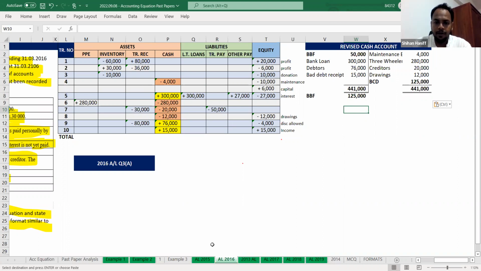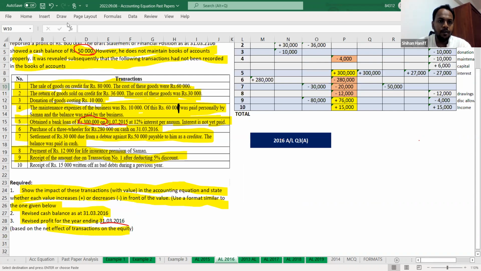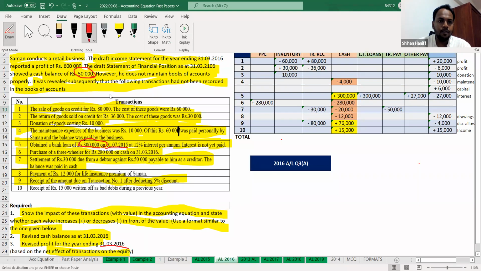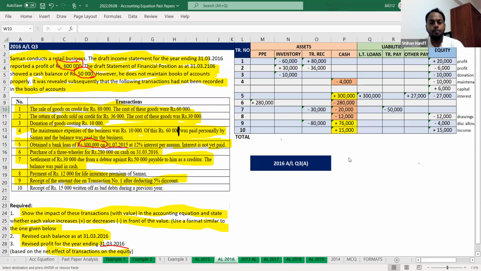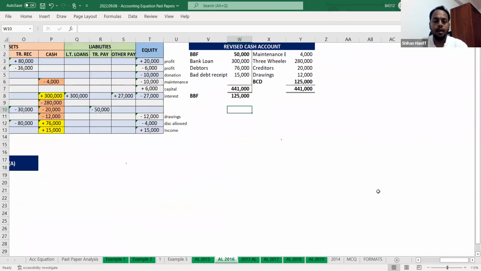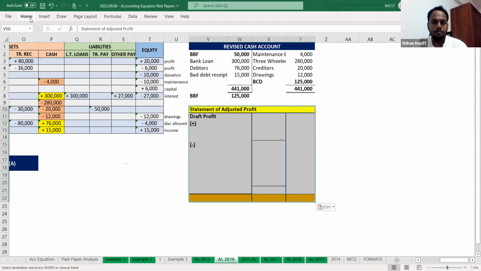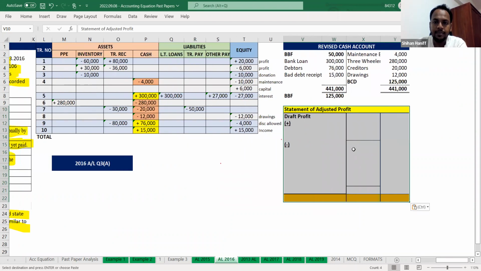Then the last part, revised profit. Now the reported profit is 600,000. After all these adjustments, we need to calculate the revised profit. Then let's draw a statement of adjusted profit.